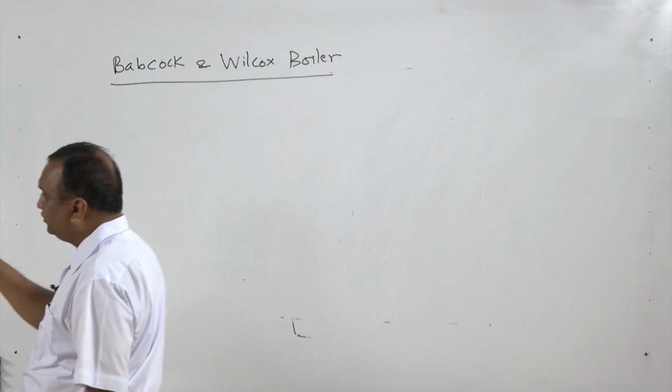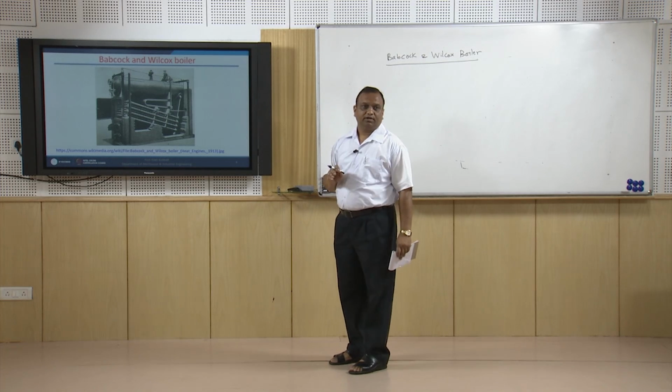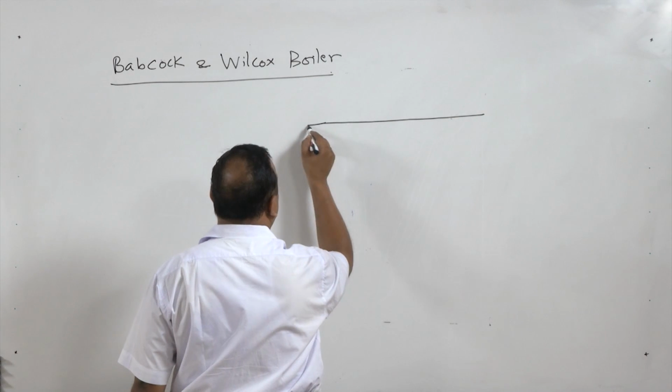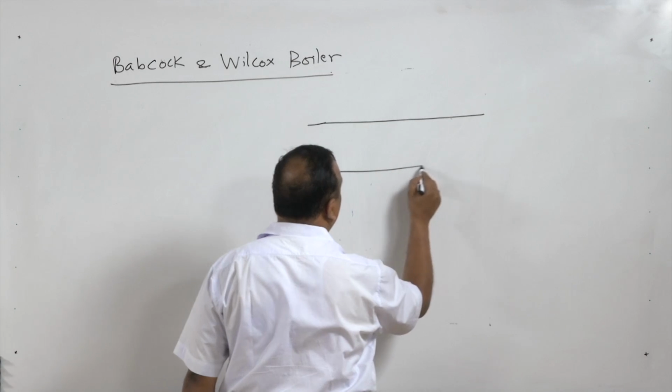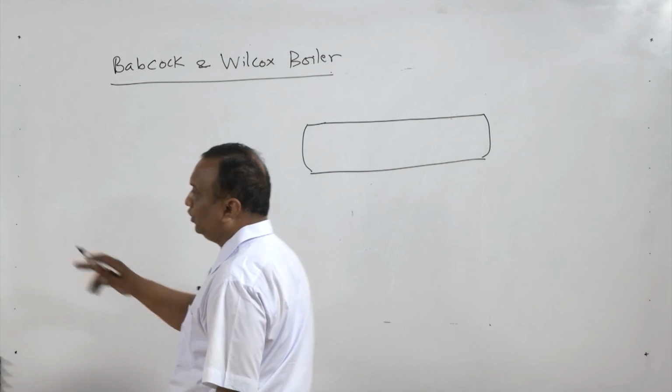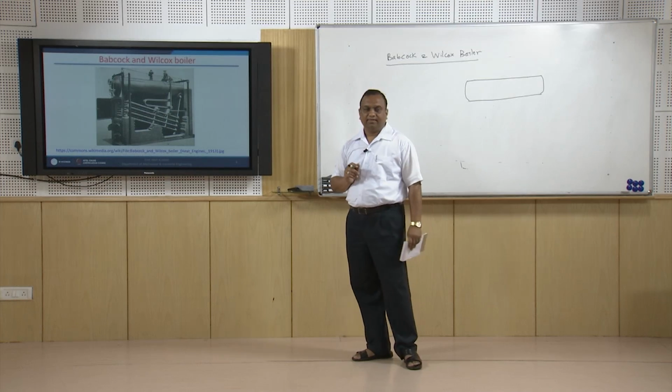This boiler is also a water tube boiler, and this boiler is also quite large in size. This boiler has a horizontal shell at the top, as shown here also, right?